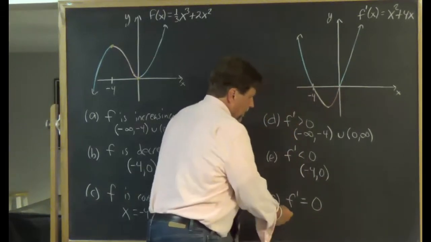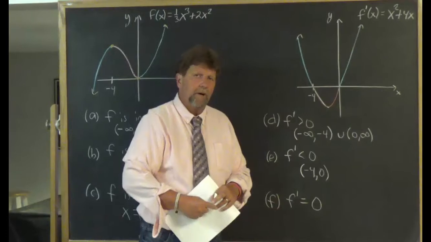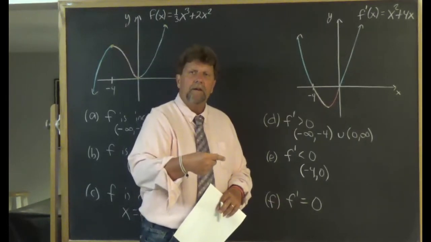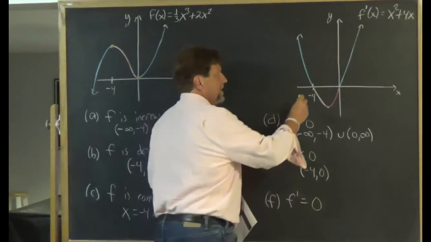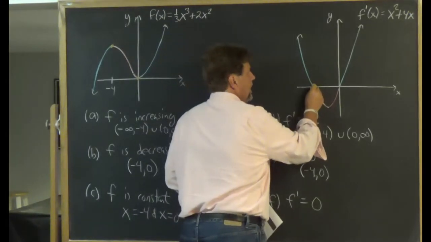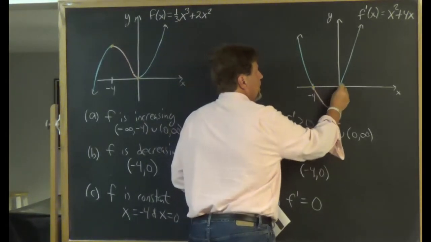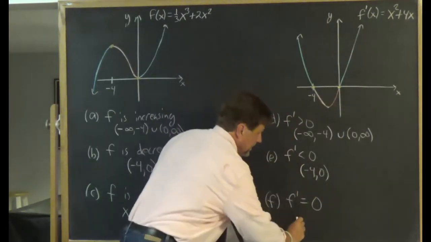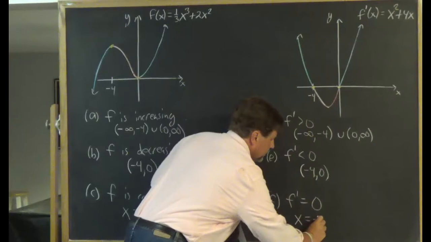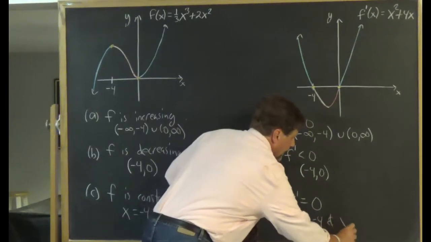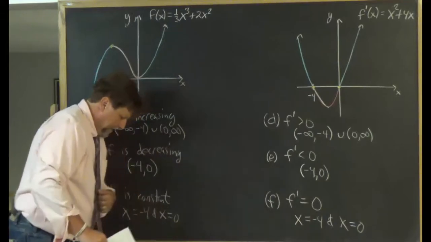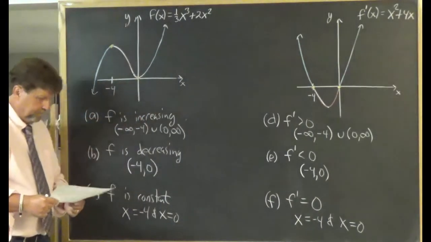And then finally, where is the derivative equal to 0? It's equal to 0 at the x-intercepts. So the derivative is equal to 0 at x equals -4 and x equals 0. So now check it out, folks.